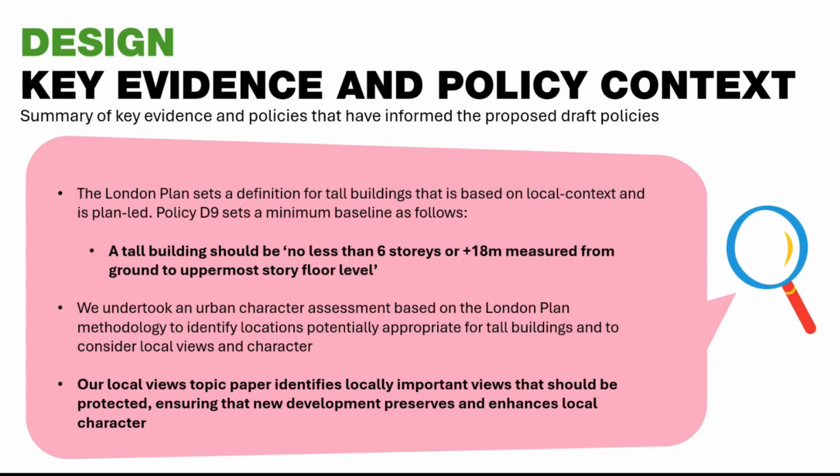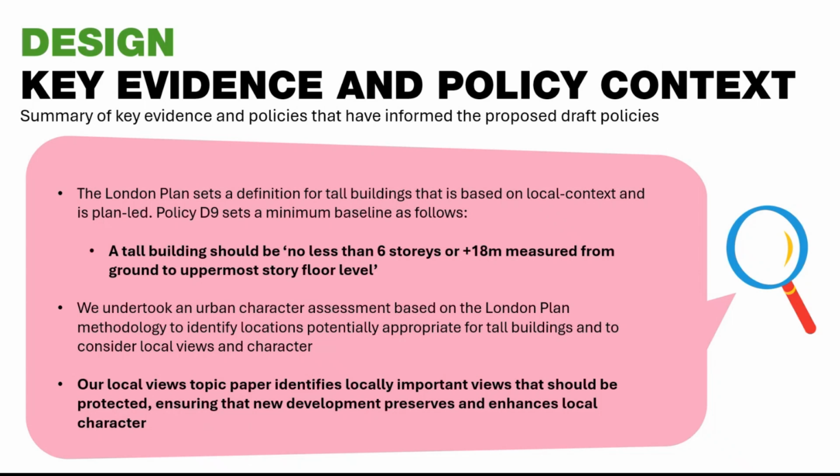And that's also something which the London Plan now states is important for us to do, because previously, whilst we do in our adopted plan identify locations suitable for tall buildings, in the past proposals for tall buildings might still be considered if they fell outside of those locations.